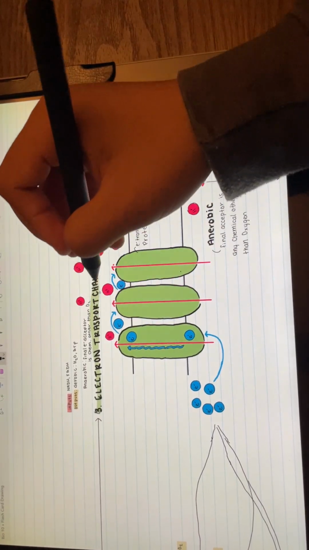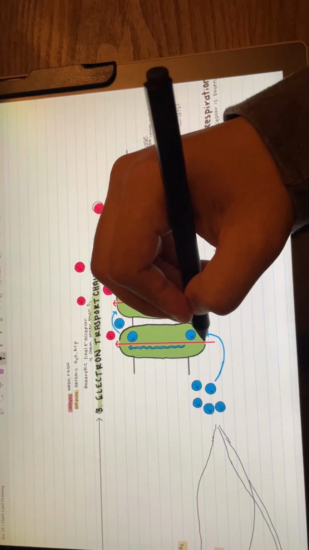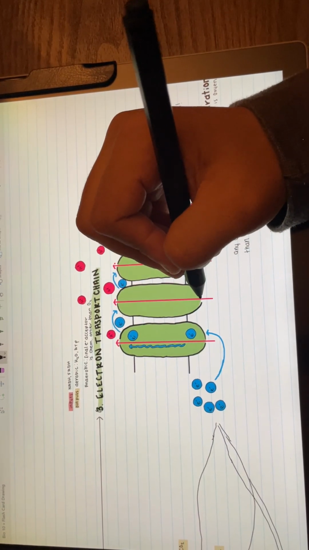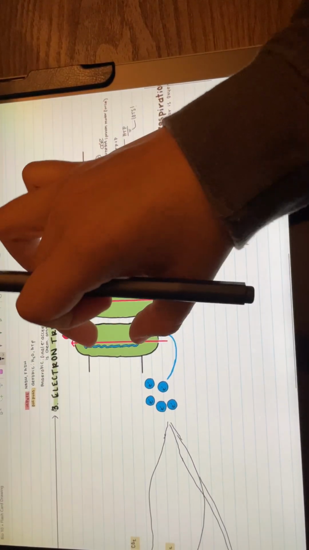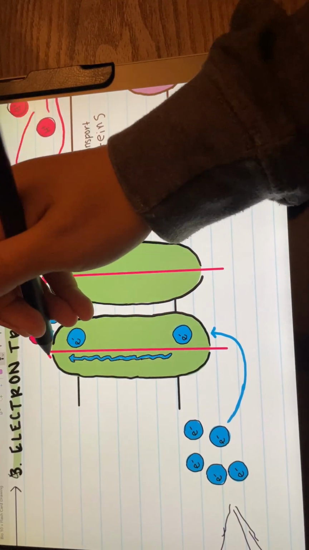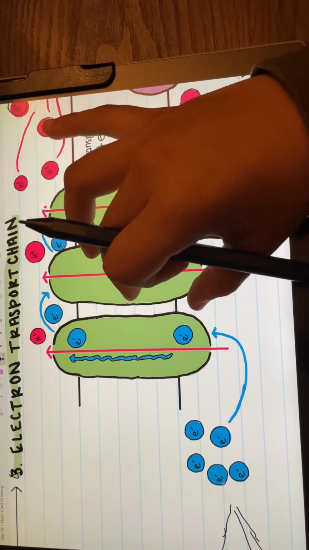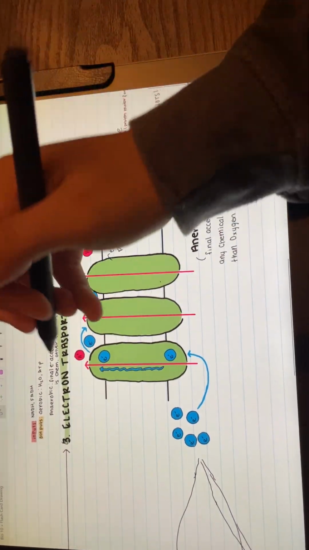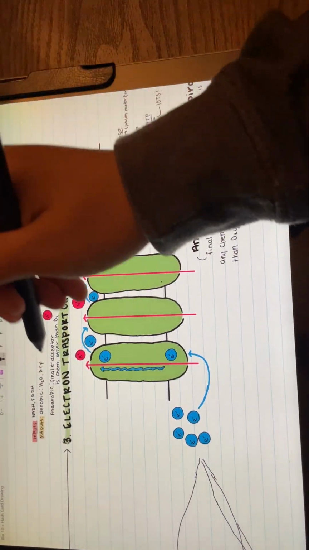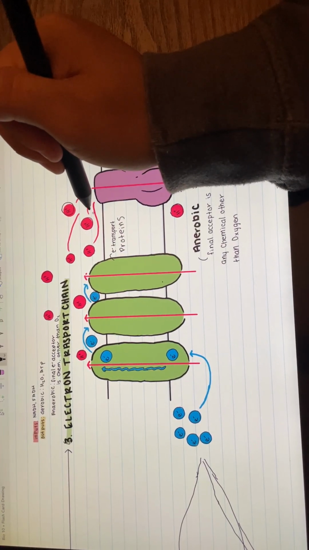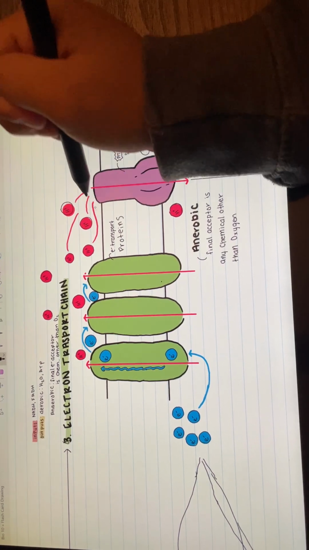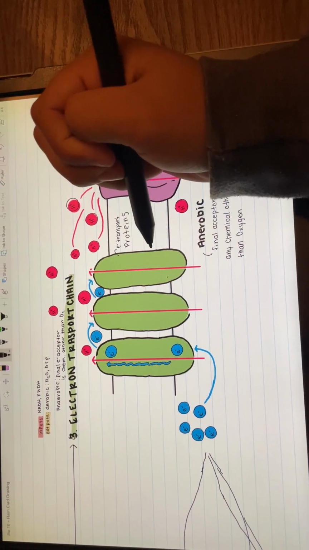They get excited, they generate this energy and push the hydrogen ions, also known as protons, up, and they create a gradient because they produce an abundance of protons on one side of the membrane.